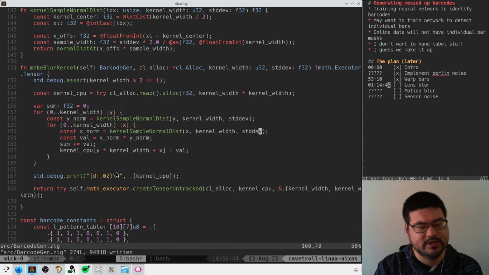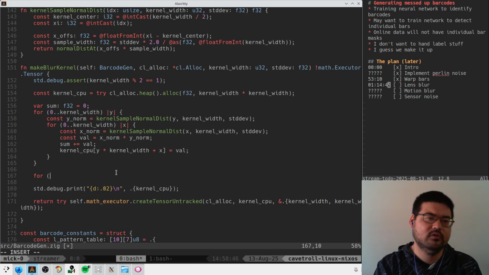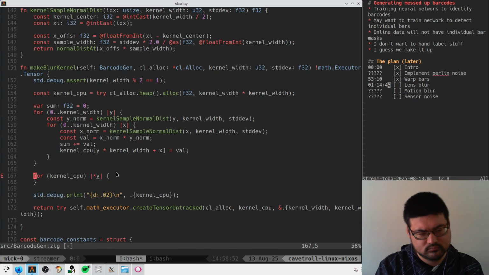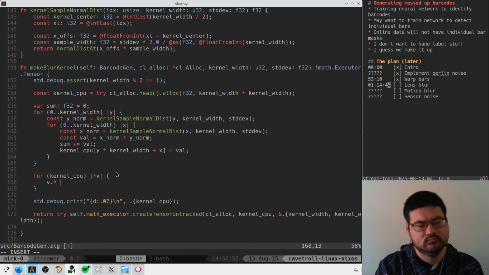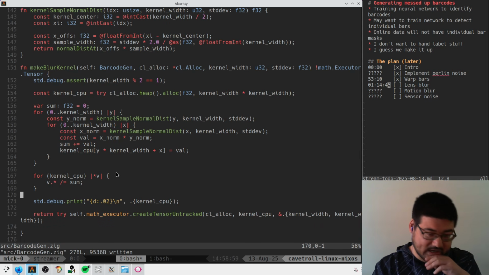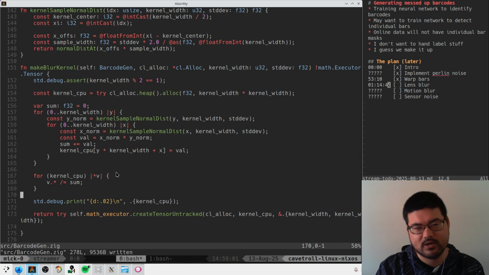Oh wait, we lost the part where it normalizes. And I guess we can just start playing with these parameters and see what happens.